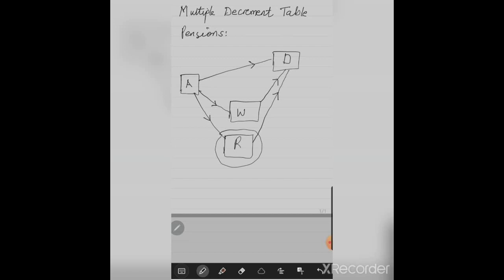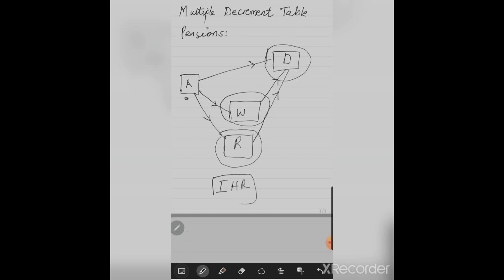Probably when he's going for withdrawal, there could be a separate return of premiums kind of contribution or benefit. Or if there is a death in the active state itself, there could be another benefit that could be given, or it could be ill health retirement.